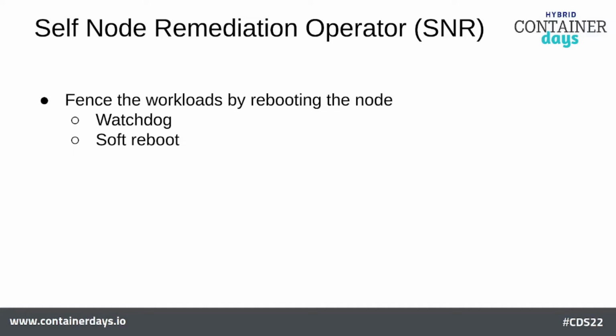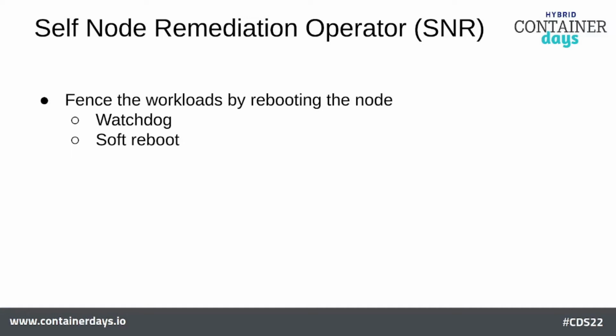Once the Selfnode remediation agent starts on the node, it will initialize a watchdog and regularly feed it. Once a remediation CR is detected, it will stop feeding, and after a short timeout, the watchdog will reboot the node. As a fallback, it is also possible to allow software reboots in case of issues with the watchdog.